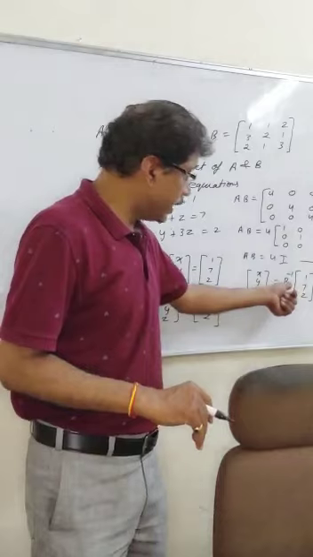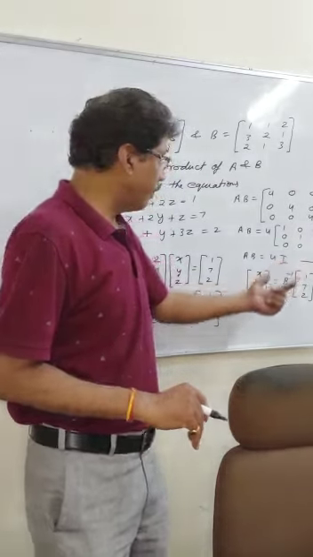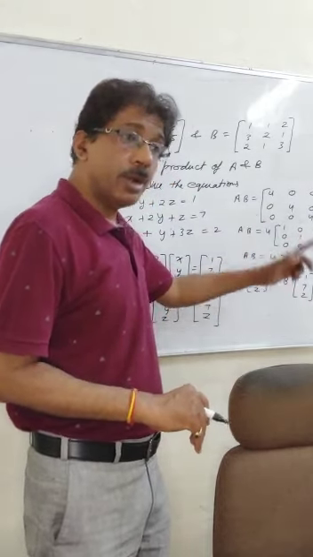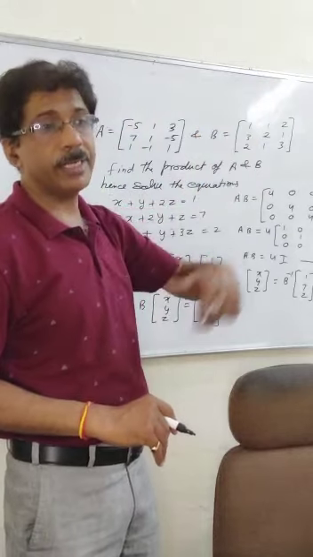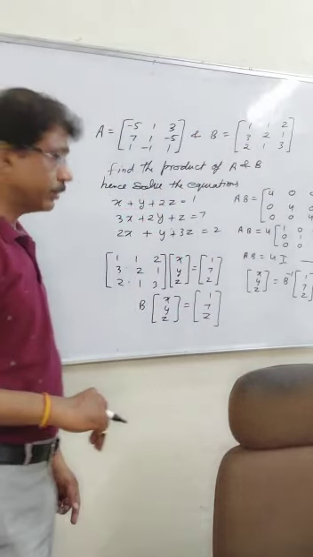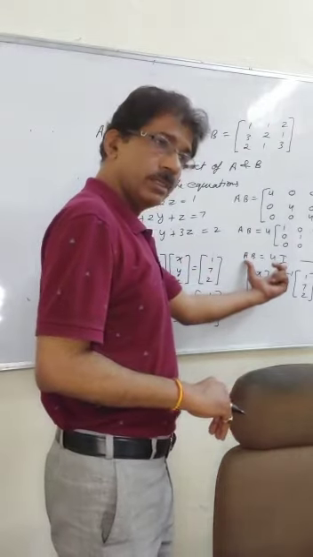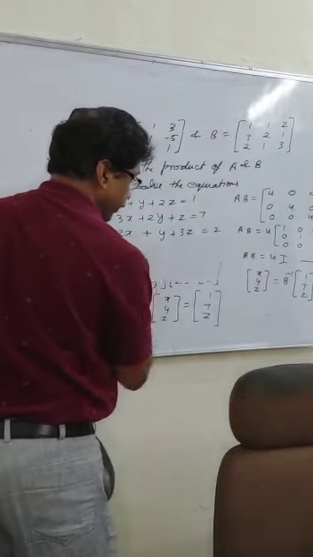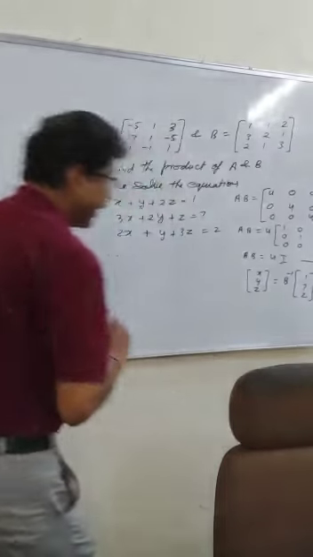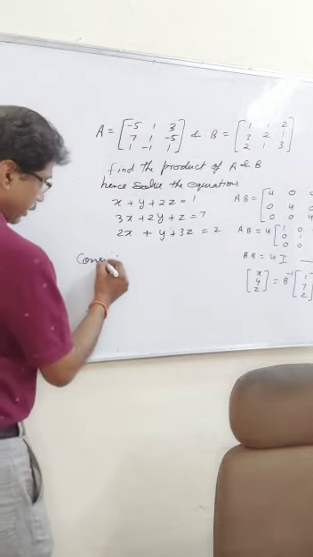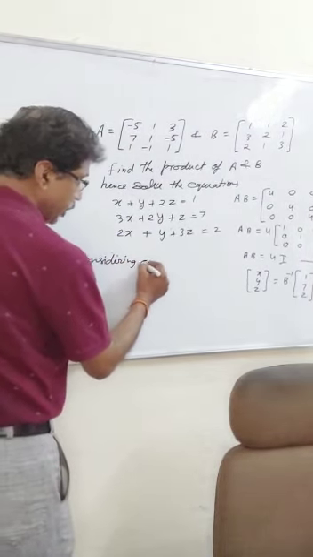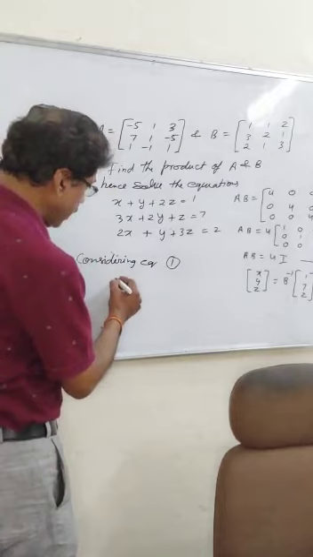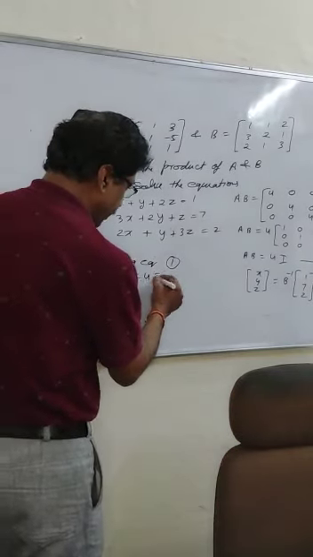Now in this question, this B inverse we obtain with the help of the first equation, AB is equal to 4I, not with the standard method of cofactors and determinant. As we have this equation with us, considering equation 1, we again write AB is equal to 4I.